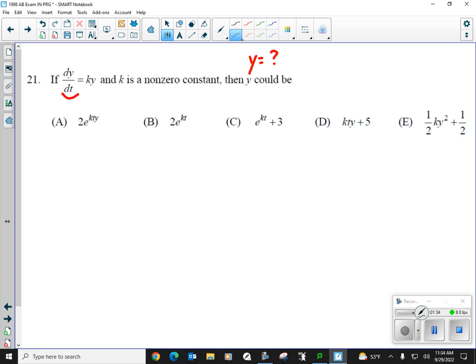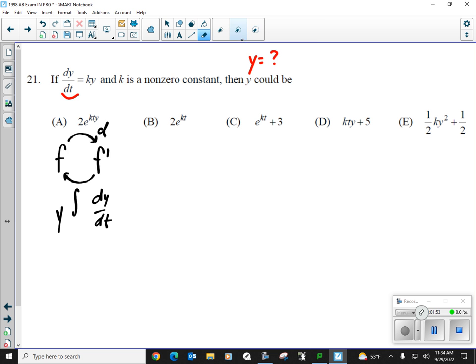First of all, let me start out by saying something I say every time. If I have a derivative, in this case they're calling it dy/dt, and I want the original equation, which they're asking for y, this way is derivative, this way is integration. That's how we know we need to integrate. That's the first step.